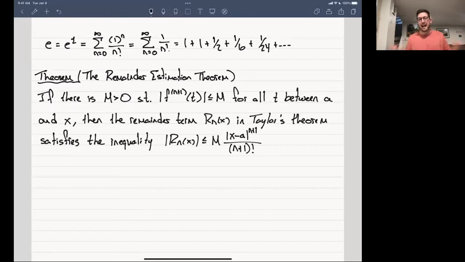So this is just exactly what I did for the previous example. We're just writing this down so that you have it for your notes. You can use it whenever you want.